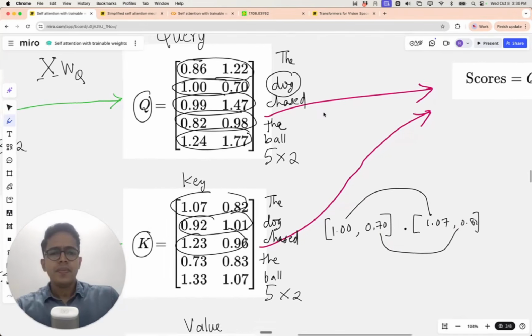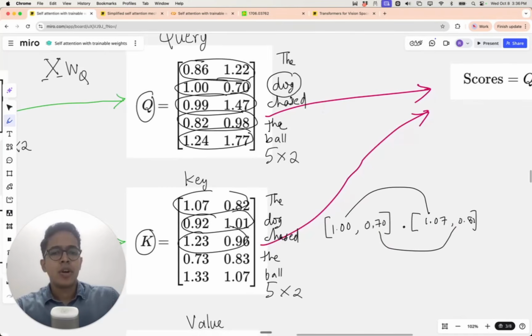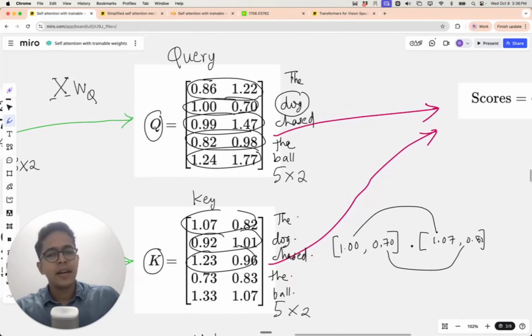So for dog, you can calculate the attention it has to pay to the, to dog, to chased, to the ball, etc. Similarly, for every single query, you can calculate an attention score corresponding to every single key.